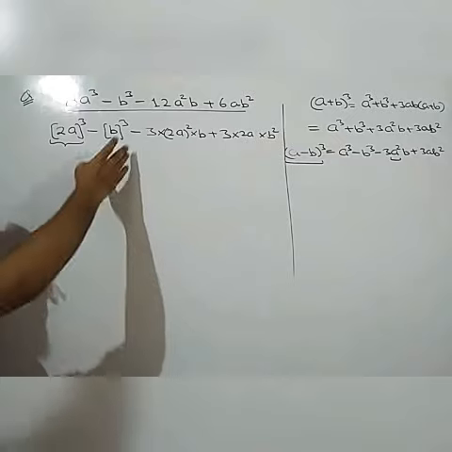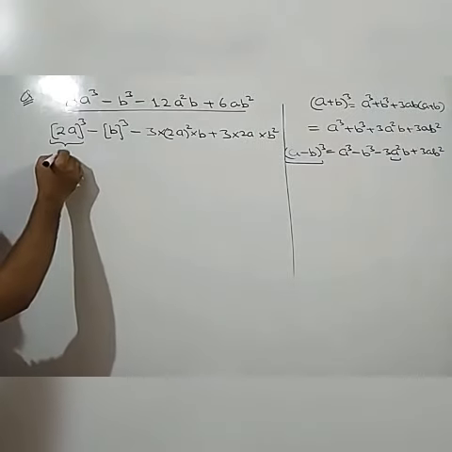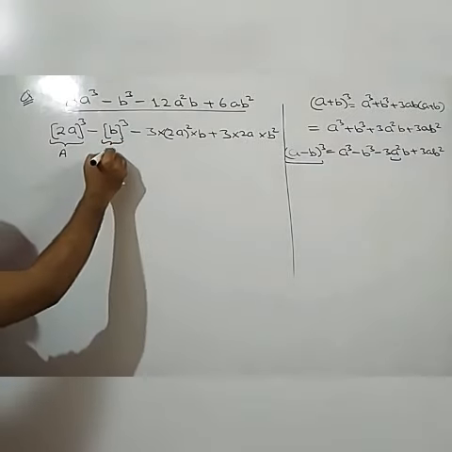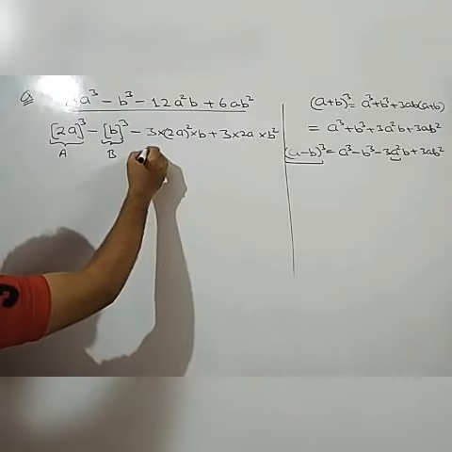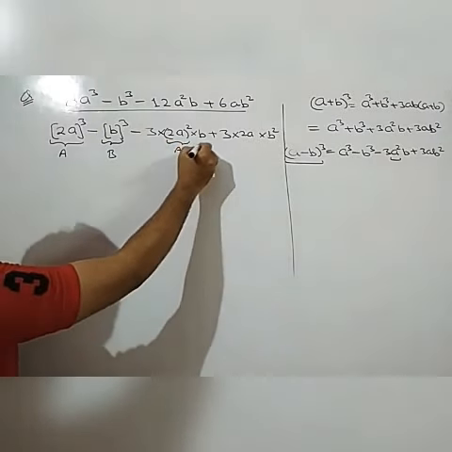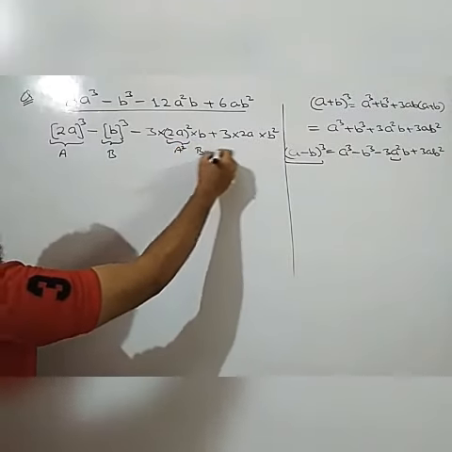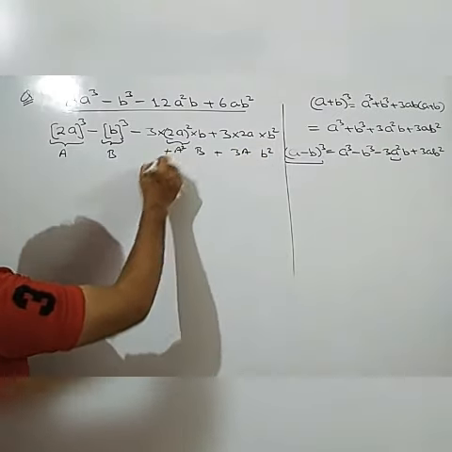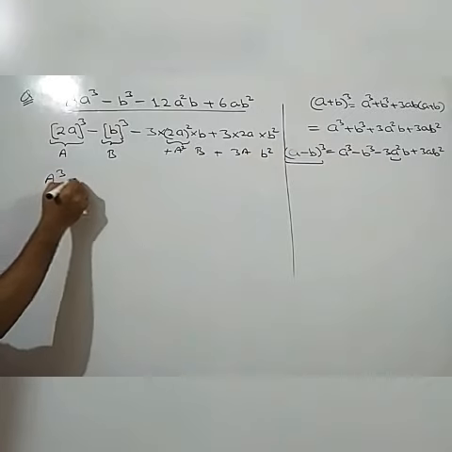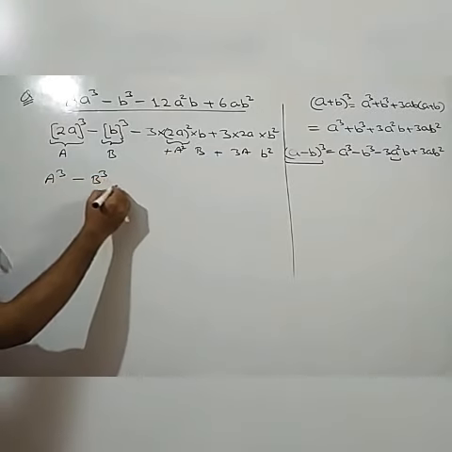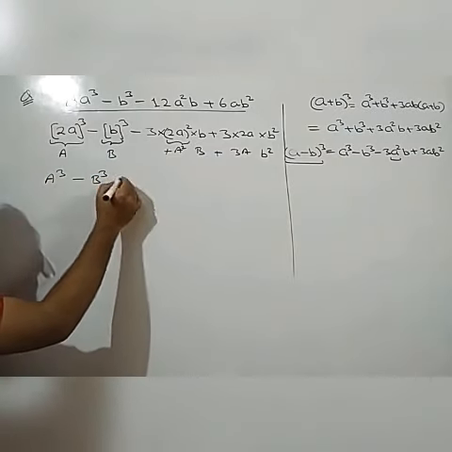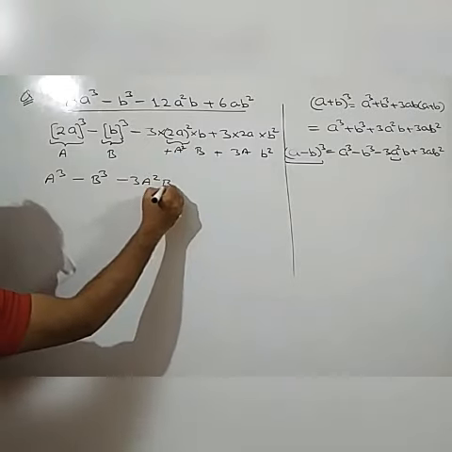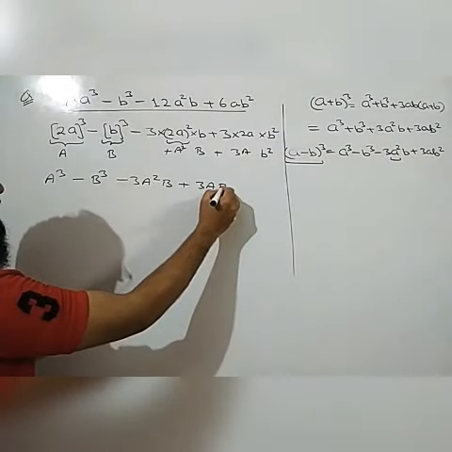Now, if we check, what is this? This whole term is a. Let this term be b. Then it is minus 3, this is a square into b, and this is a into b square. It means it is converted as a cube minus b cube minus 3a square b plus 3ab square.